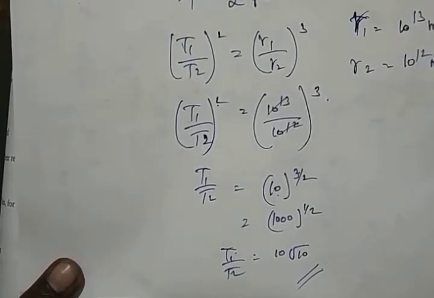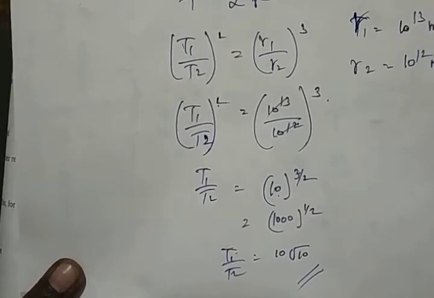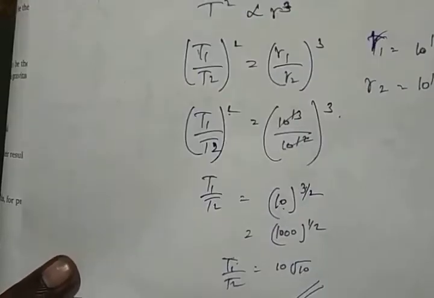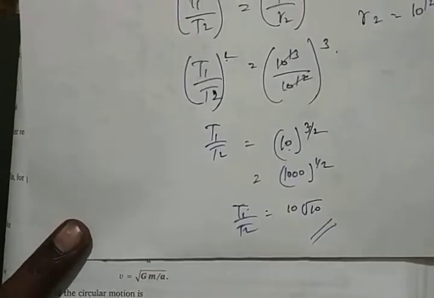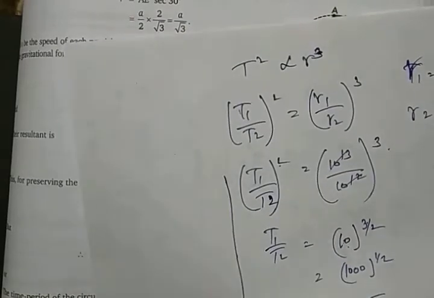Alright. Now we need to go to the second part of it. The second part is, what will be the speed of the two planets? This is the ratio of the timing. Now speed is asked here. Alright.